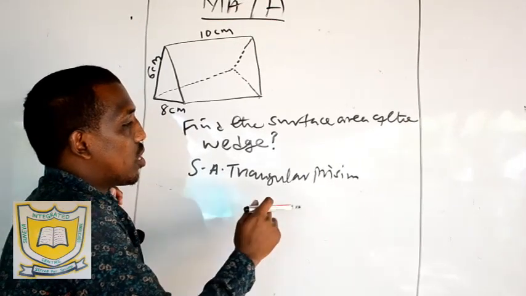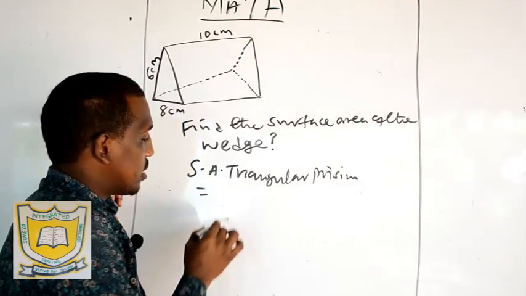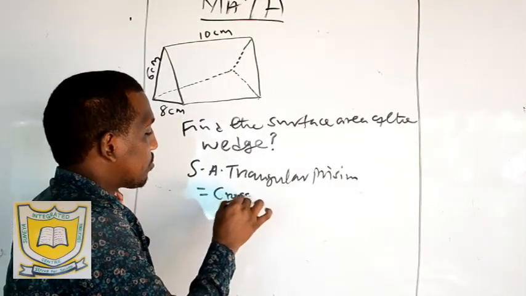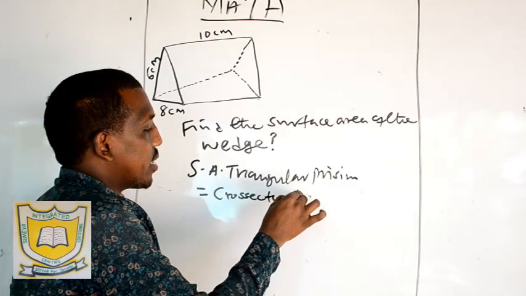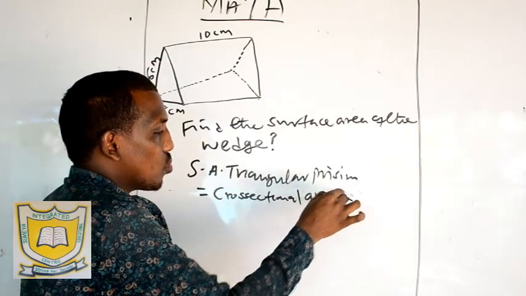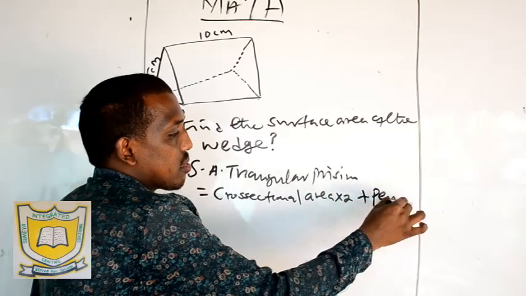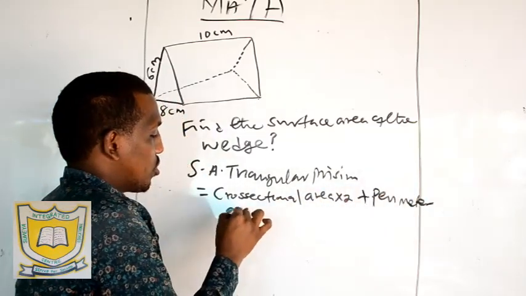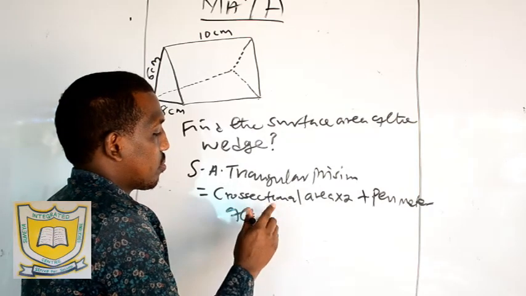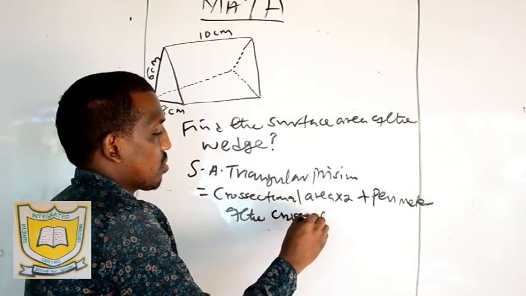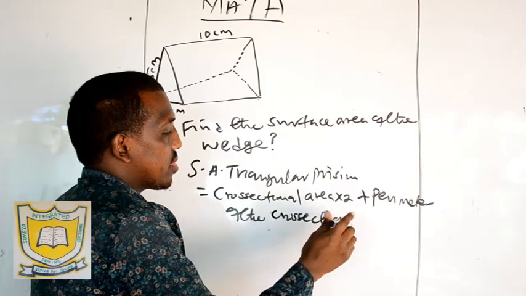Surface area of a triangular prism is equal to the formula we said: cross-sectional area times 2 plus perimeter of the cross-section times length.